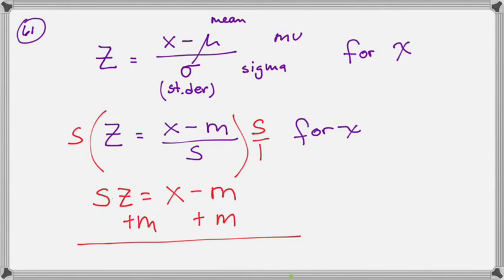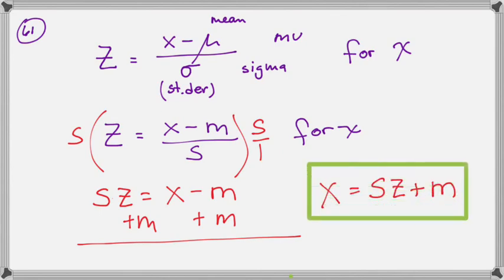So that means x equals, let me write on the left-hand side, s z, the standard deviation times the z-score, plus m. And that is, if you go into statistics, what is called finding the cutoff score for something.